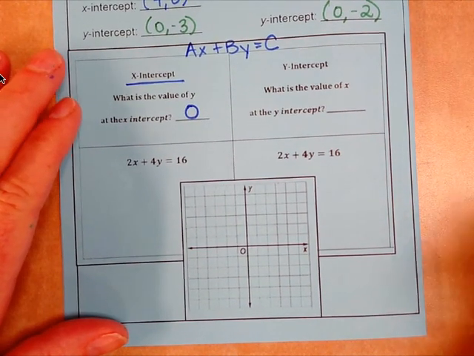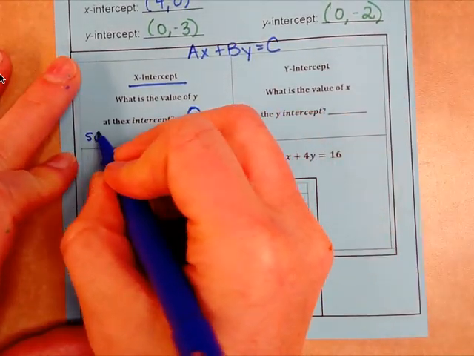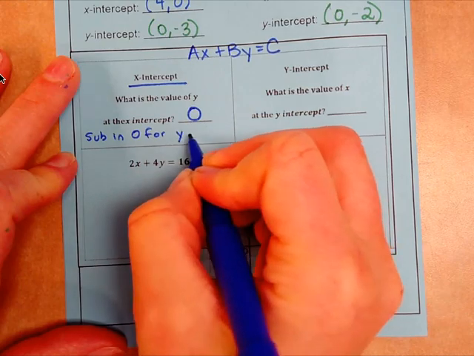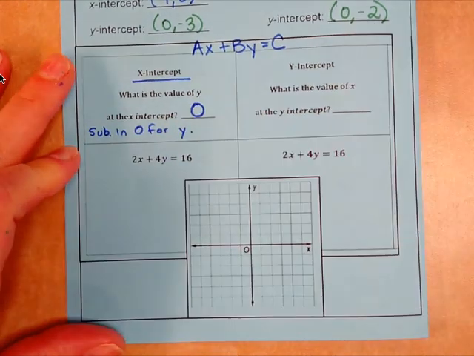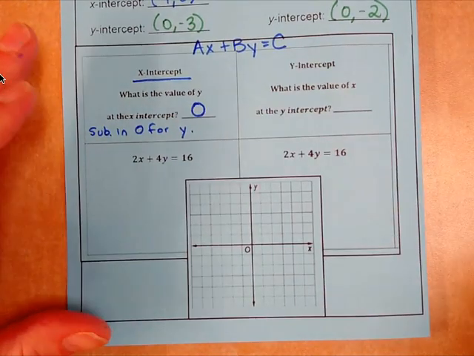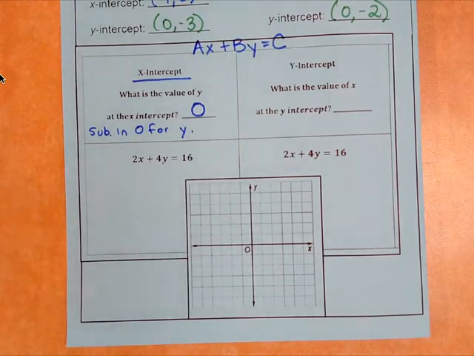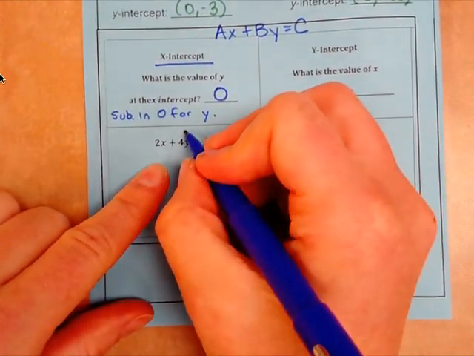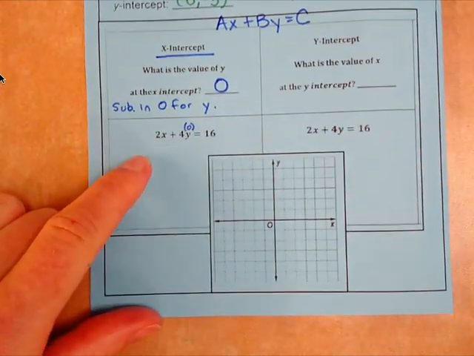So that means I'm going to substitute in 0 for y. So I would plug in a 0 here for y to find what x is.